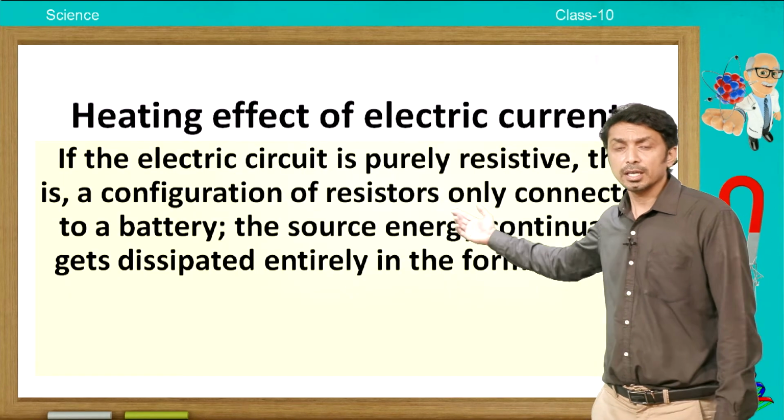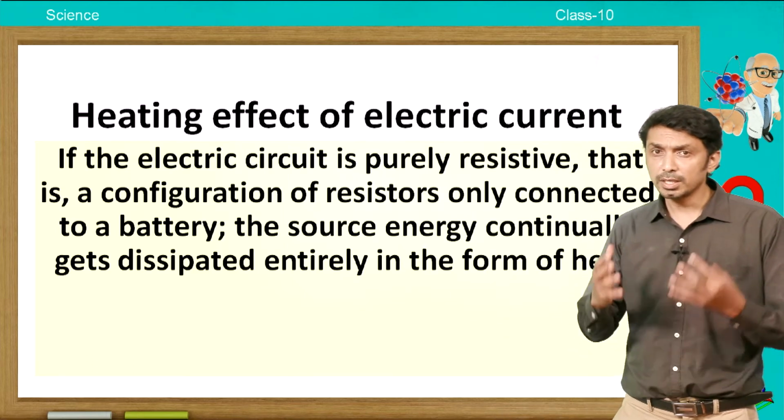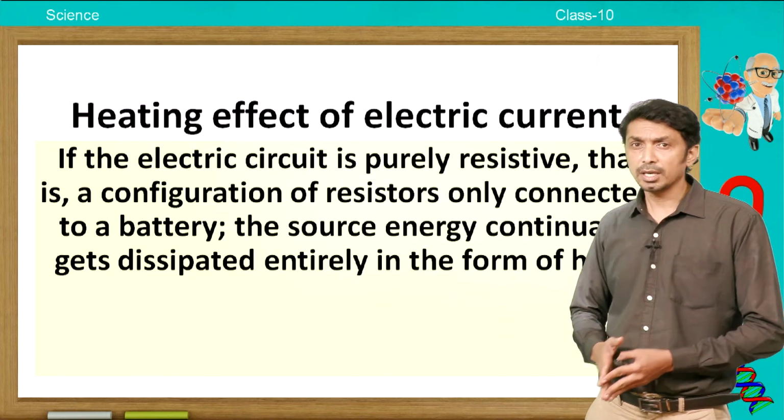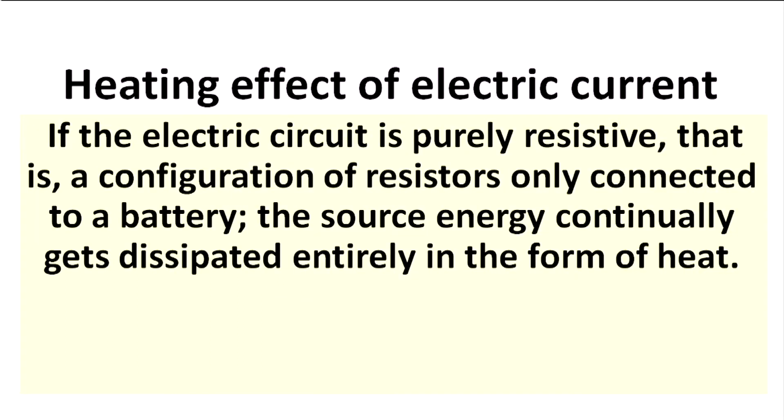As you can see, if the electrical circuit is purely resistive, that means if we connected more number of resistances to the battery, then the source of energy, that is the electrical energy that we are supplying, it continuously gets converted in the form of heat.